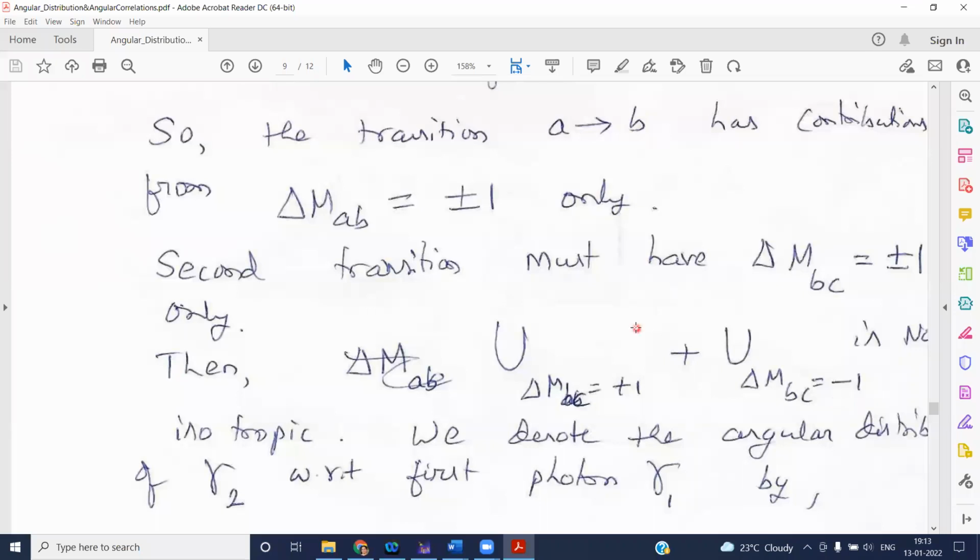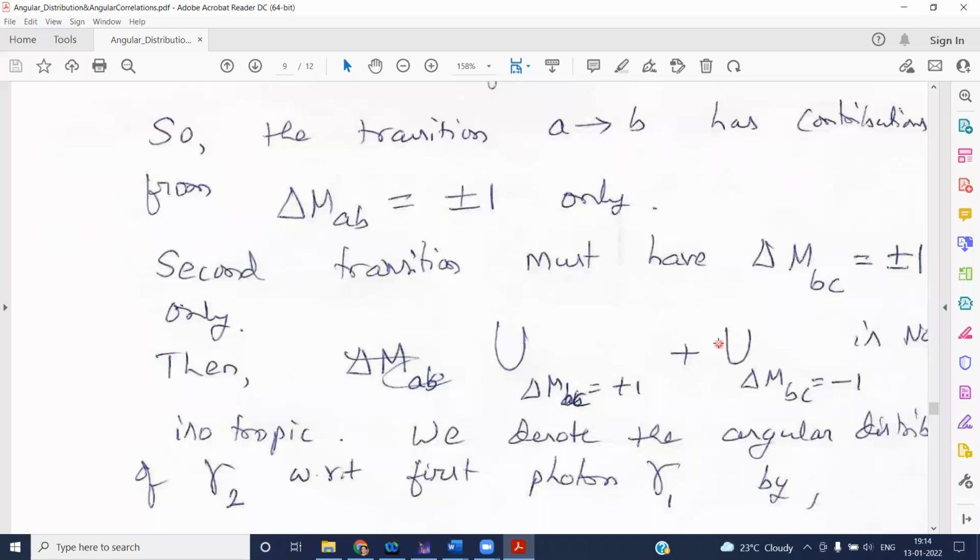I take the first gamma ray as my reference. It is the z-axis for me. Then the second gamma ray, which is coming, does not have contributions from MAB equal to 0 according to selection rules. So I have only M equal to plus 1, M equal to minus 1, no 0 contribution for the second gamma ray angular distribution.